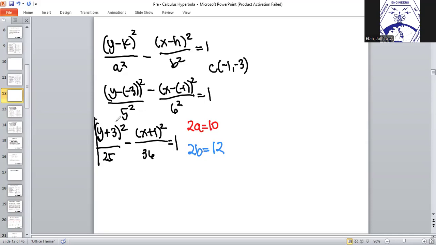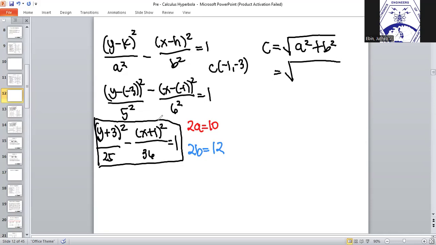Ito na yung standard equation. Then we are also asked to determine or identify the coordinates of the foci. Again, kailangan natin C para ma-locate natin yung foci. So yung C natin, ang formula niya is square root of A squared plus B squared.